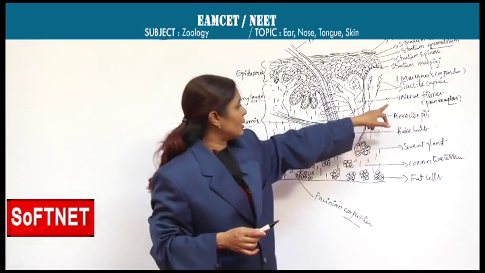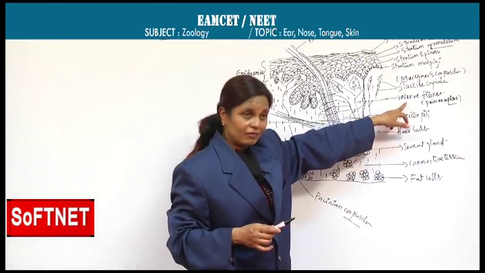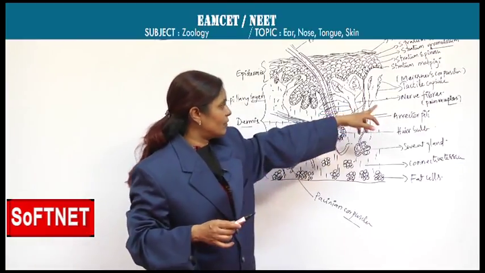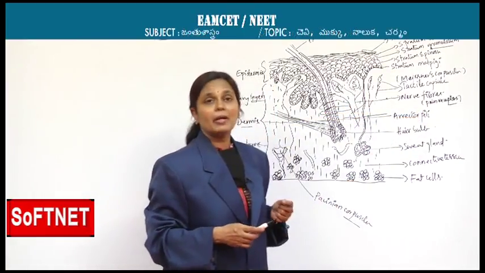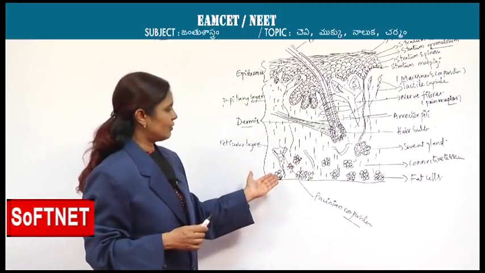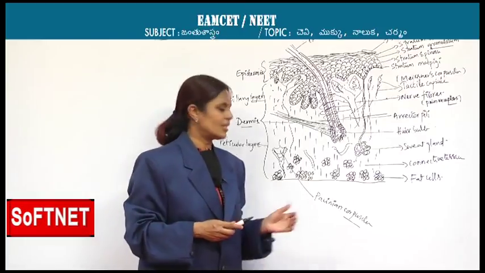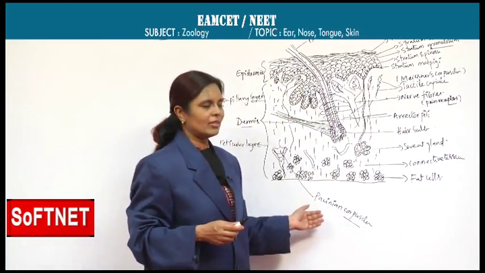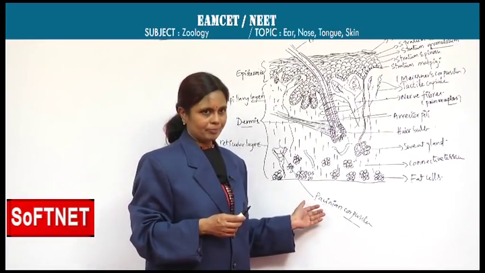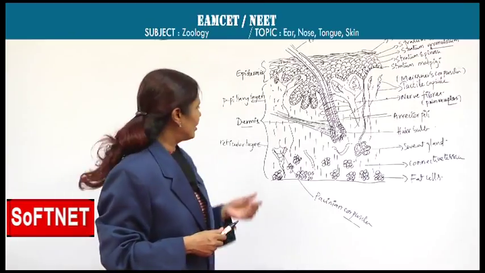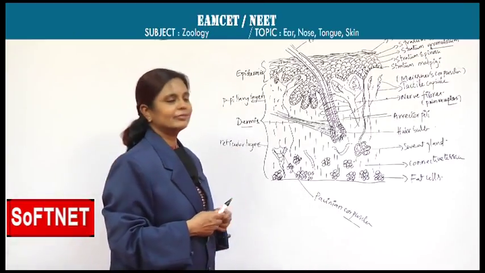In the same papillary layer, you find nerve fibers, that is free endings of the nerve fibers that are specialized in pain perception. The same way, in the reticular layer of the dermis, you also find sensory structures called as Pacinian corpuscles, which are specialized in pressure perception. So, this is about the structure and functional details of the skin.